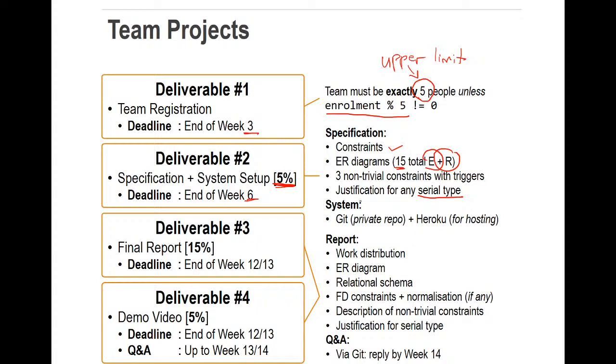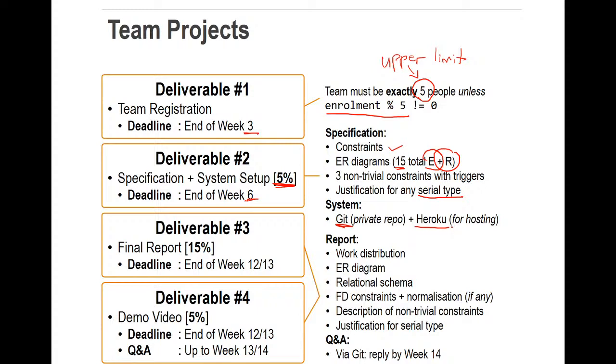The system that you are going to use will be Git. So I want each group to set up a Git private repo plus Heroku. The Heroku can be set up later. If you do not want to use Heroku, it's fine. For the Heroku, if you are not familiar with Node.js, then you can probably try to use other hosting.